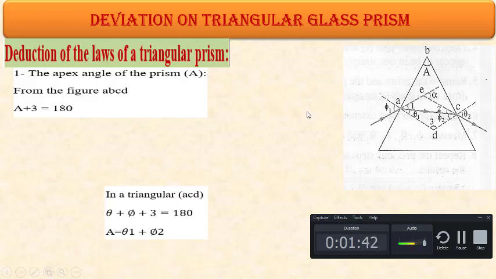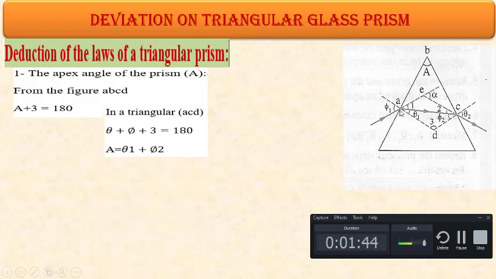This is number one. Number two, if you look at this small triangle, ADC, the sum of the angles inside a triangle is 180. So theta 1 plus phi 2 plus angle 3 equals 180. Then A plus 3 is 180. So A equals theta 1 plus phi 2.